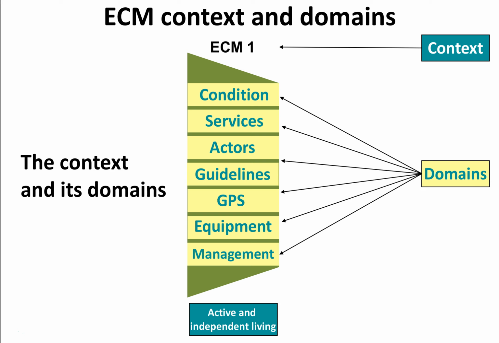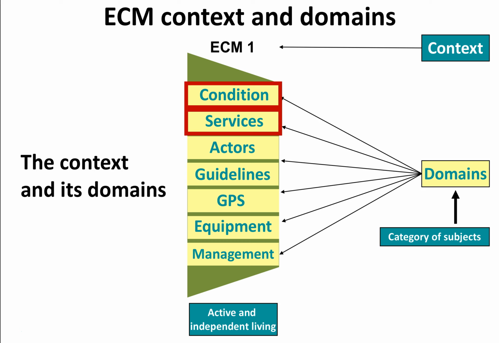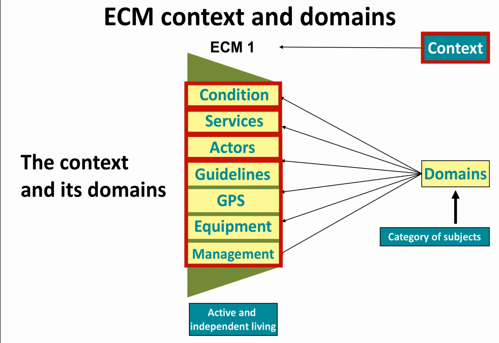An ECM domain is a subject category, as in combination with the other ECM domains, they can describe an ECM filter in contextual detail using the necessary and relevant information about the person's condition, available services, actors and the organization, and the associated functionality of relevant equipment as a whole, which appropriately describe the overall situation, that is, context, in an individual ECM filter.